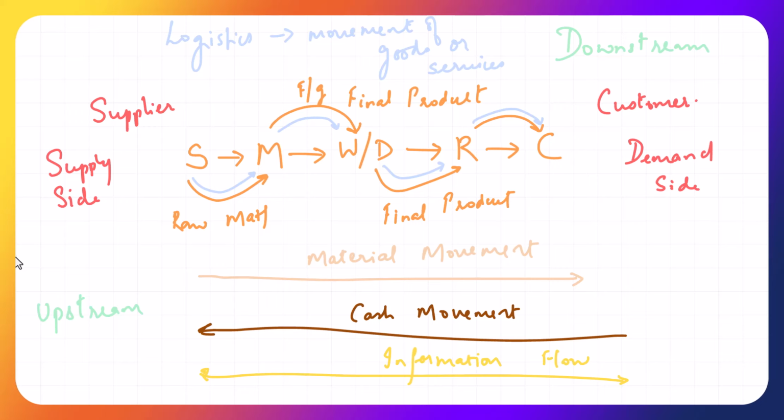More or less, this particular model shows a part of the supply chain management where a manufacturing company is involved, to which there is logistics, and then there is material movement, cash movement, and the information flow, which is happening in the bi-directional space.